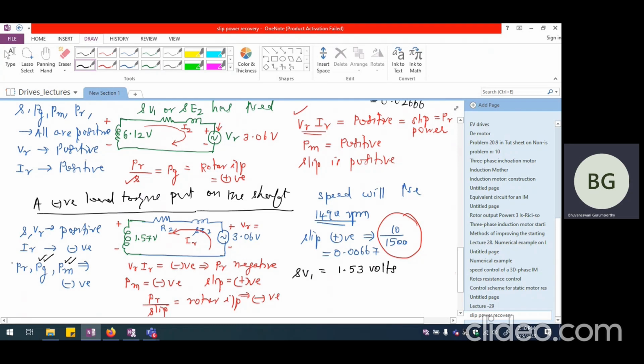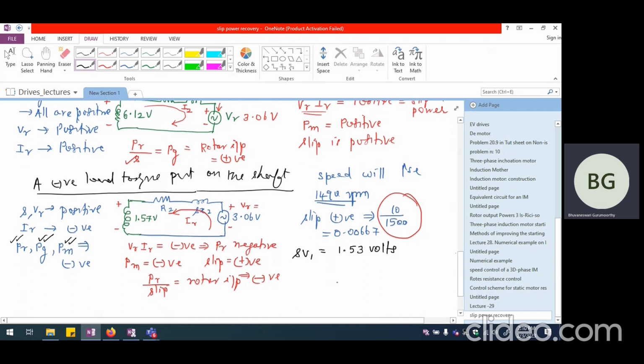And the slip power is whatever we are getting from the external source VR, so that again I'm showing as negative. So here what happens is this is a generator operation at sub-synchronous speed.